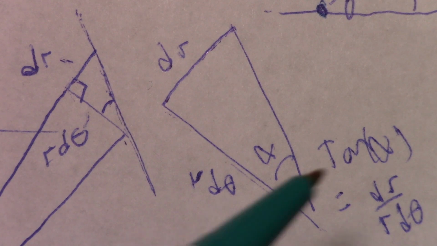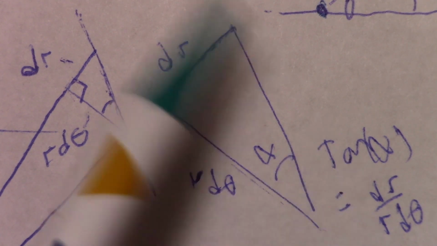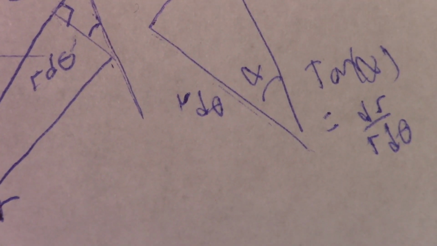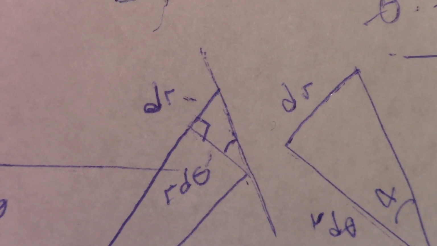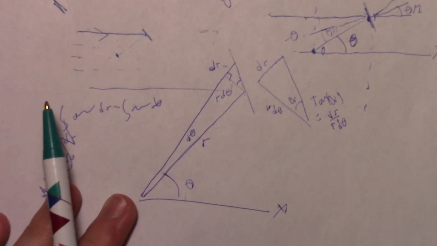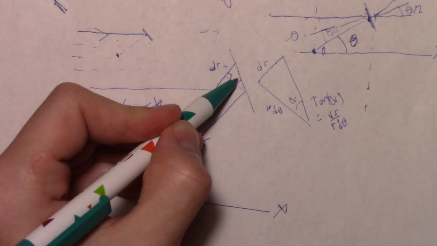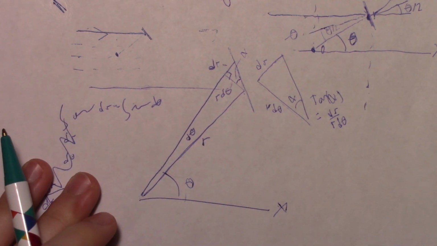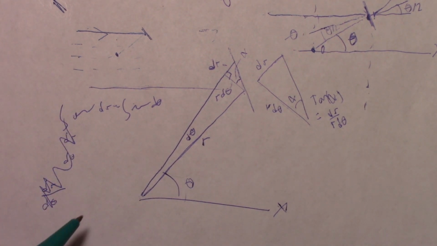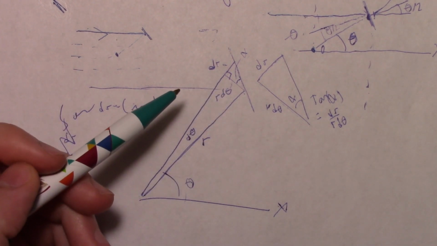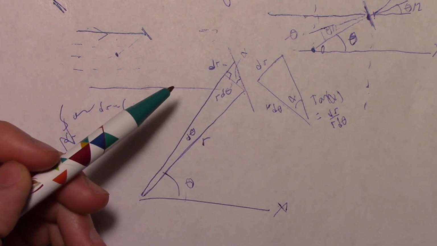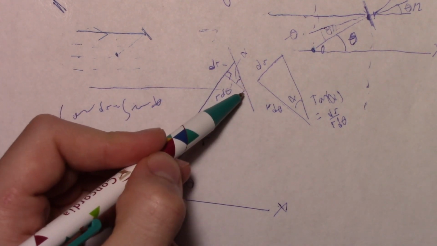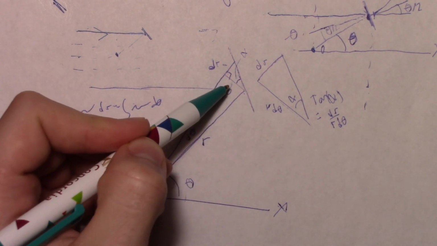Okay, that's a good little relationship there. It's helpful probably. What is alpha? So alpha is this little angle right here, right? What is alpha? What is this angle?